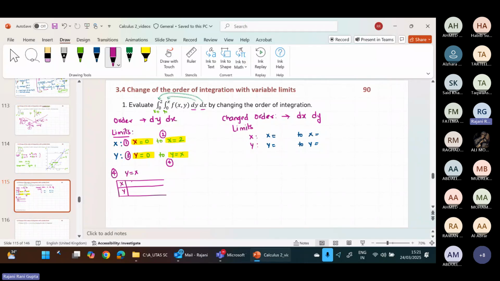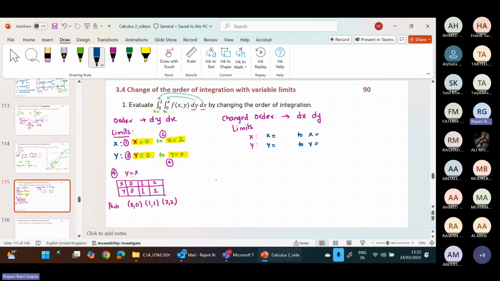X, y. When I substitute x as 0, I get the value of y as 0. If I change x to 1, I get y as 1. Similarly, x is 2, y is 2. So the points will be 0, 0; 1, 1; 2, 2. We need these points to plot y equal to x.